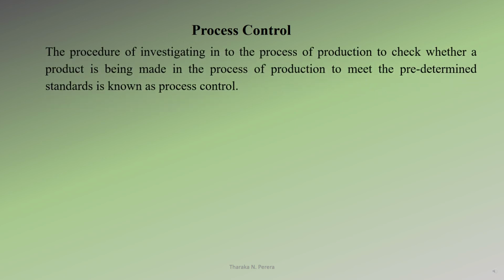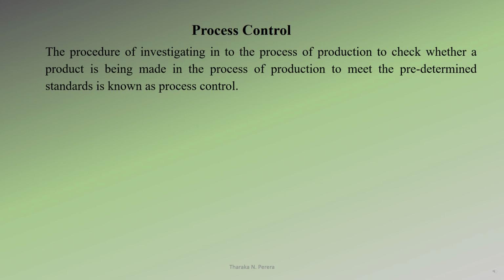The procedure of investigating the process of production to check whether the product is being made to meet the predetermined standard is known as process control. Testing whether the production is carried out in accordance with the expected standard in connection with the particular production process in a goods and services manufacturing firm, using random samples drawn at various times from the process under continuous supervision over the functions, is known as process control.